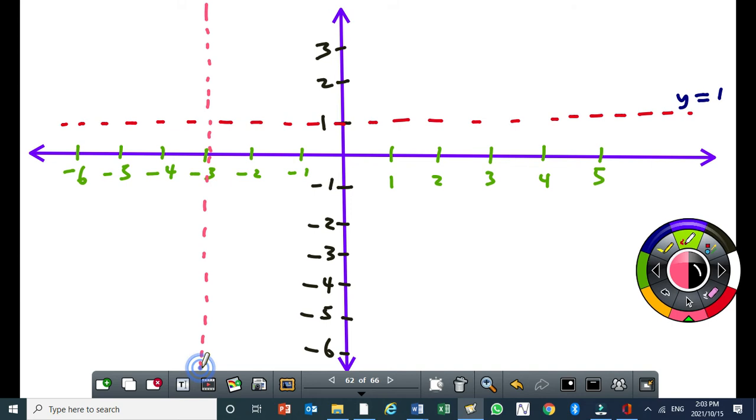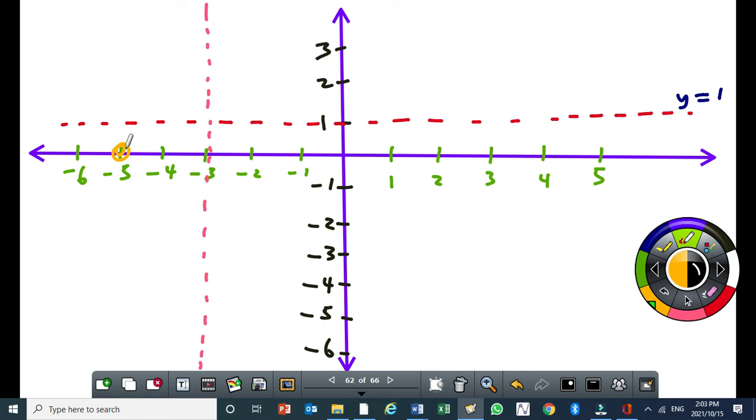Right? Then, once you have finished drawing the asymptotes, the next thing is to plot the points where the x and y intercepts are. So we have an x-intercept at x equal to -5. So I've got an x-intercept there, right? And I also have a y-intercept at y equal to 5 over 3.